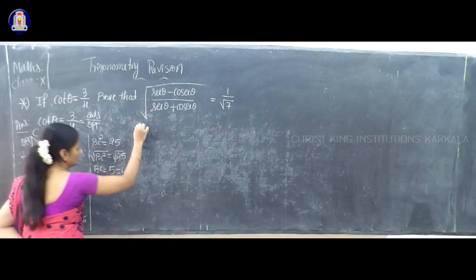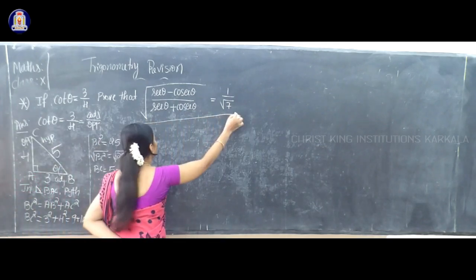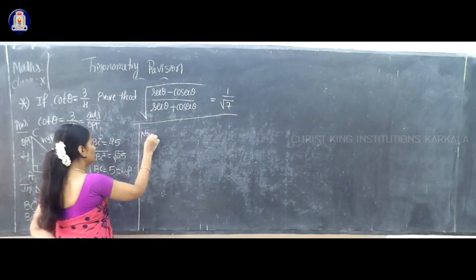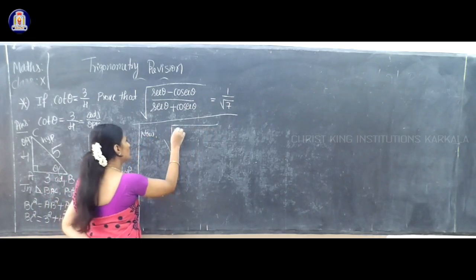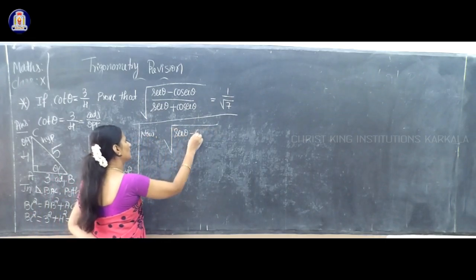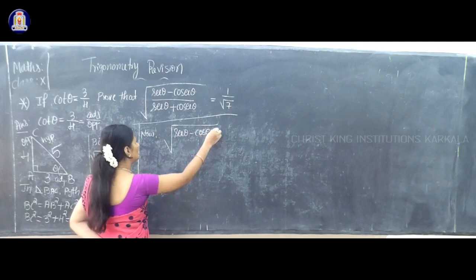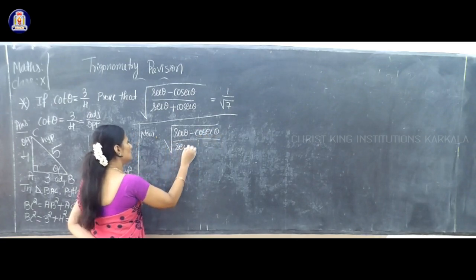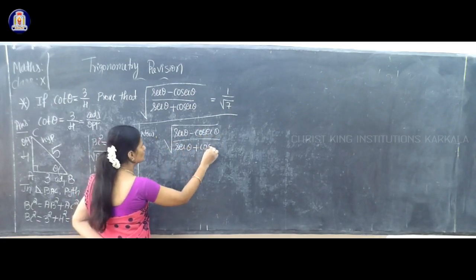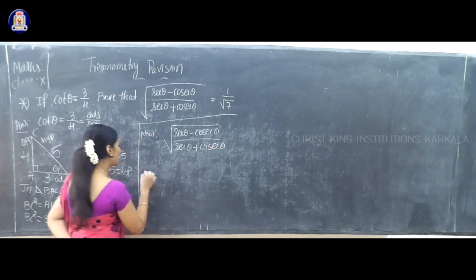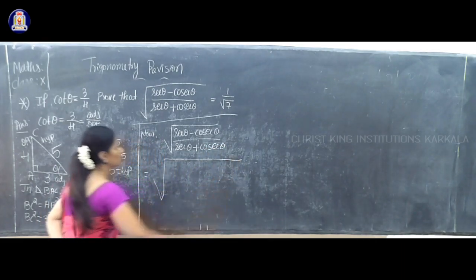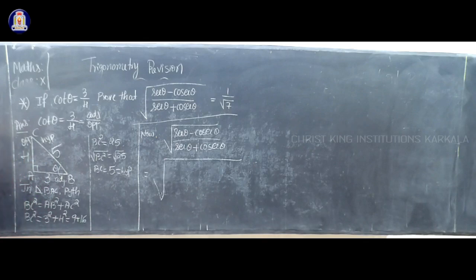Now substitute here. So now substitution. Now what is it? Square root of secant theta minus cosecant theta divided by secant theta plus cosecant theta. So that is equal to under square root, secant theta. What is the definition of secant theta? Hypotenuse side divided by adjacent side.